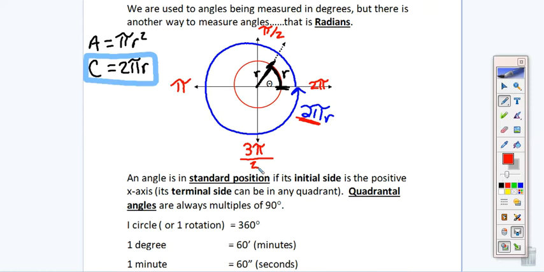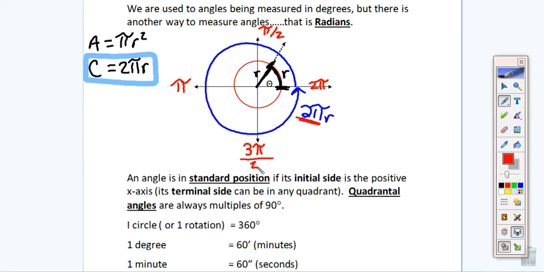This is pretty interesting stuff right here. Understand what radians are. Radians are basically saying how many of the radius fit around the whole circle. In one whole revolution, how many radians do we have?